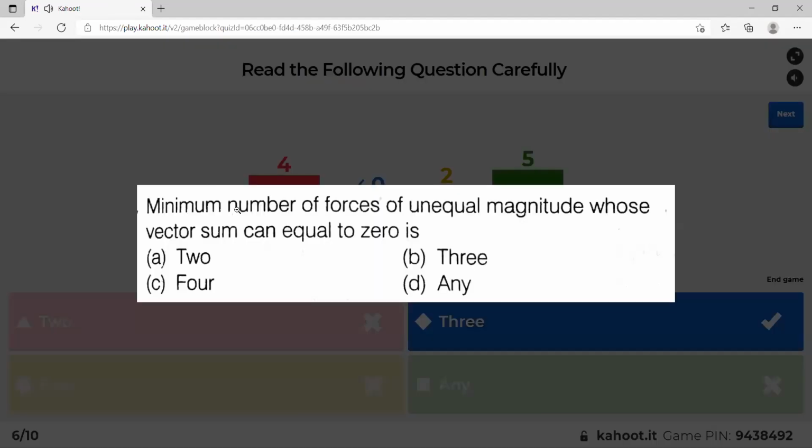See, we have to find the minimum number of forces of unequal magnitude whose vector sum can be 0. Unequal, look, if they were equal, two would work, but we are talking about unequal magnitude. So in that case, it should be 3, right? It should be at least 3. Then only, let us suppose this vector and then this vector, they can result in 0 depending on their magnitudes and the directions.